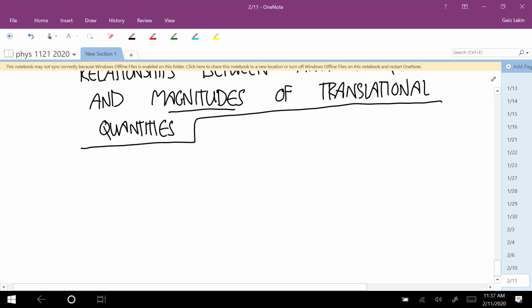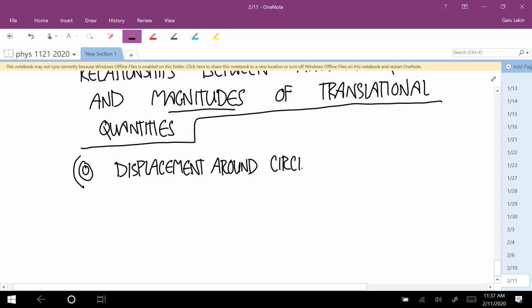So the first one is, I'm going to call this the 0 one. We're not really going to use this. That's why it's in parentheses. But the displacement around the circle, you can think of that as the arc length, is the radius of the circle times the change in the angular position.